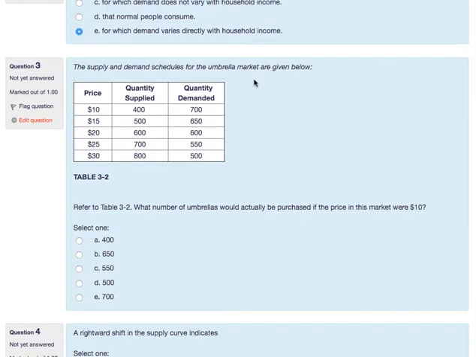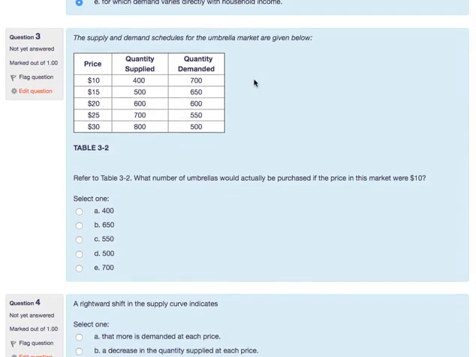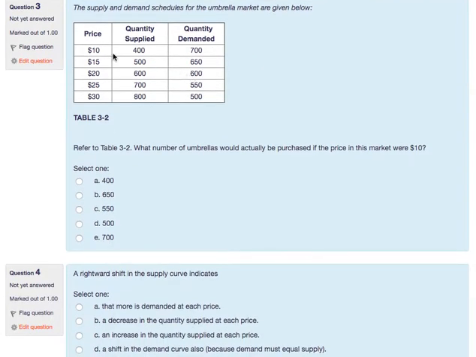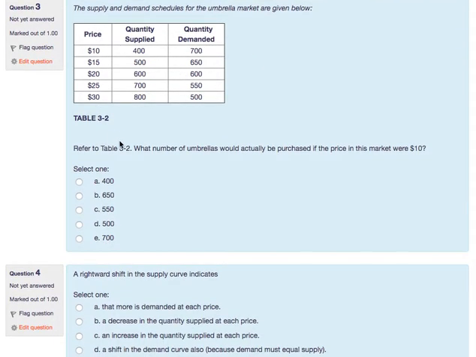The supply and demand schedules for the umbrella market are given below. Refer to table 3.2. What number of umbrellas would actually be purchased if the price in the market were $10? At this stage, we haven't looked at price controls yet.